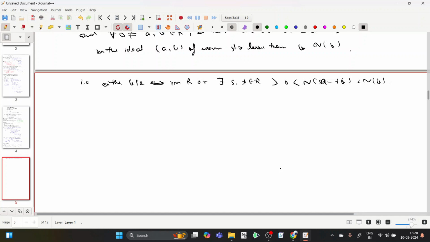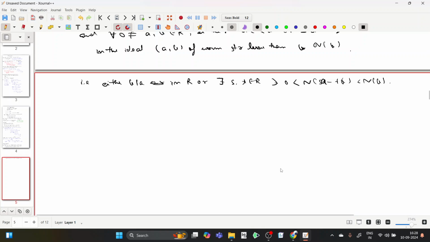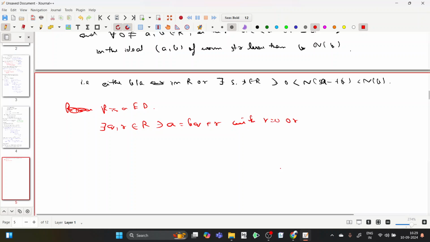Okay, see, you might think of this as some sort of a generalization of the division in a Euclidean domain, because if you carefully observe, let's say R is a Euclidean domain, then there exist Q and R in R such that I can write A as BQ plus R with R equal to 0 or norm of R being less than norm of B, and since we are talking about a positive norm, I can talk about this being greater than 0.